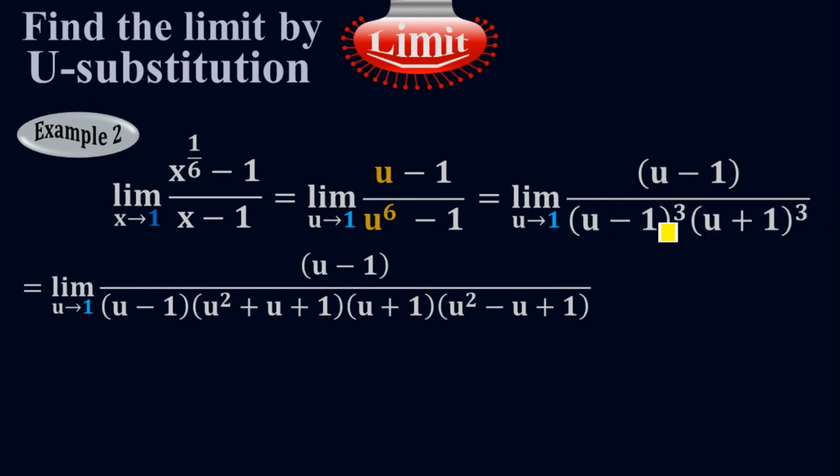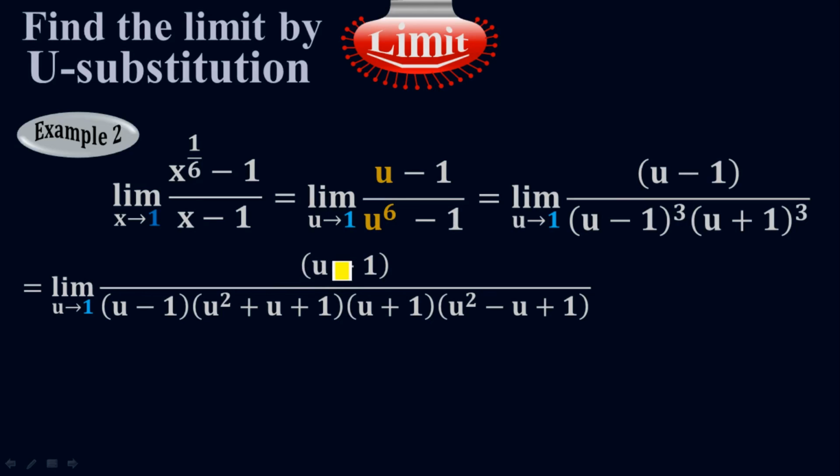Apply the a minus b to the whole cube formula here, so u minus 1 to the whole cube equals u minus 1 into u square plus u plus 1. Similarly, apply the a plus b to the whole cube formula here, which equals u plus 1 into u square minus u plus 1. I have u minus 1 in the numerator and u minus 1 in the denominator.